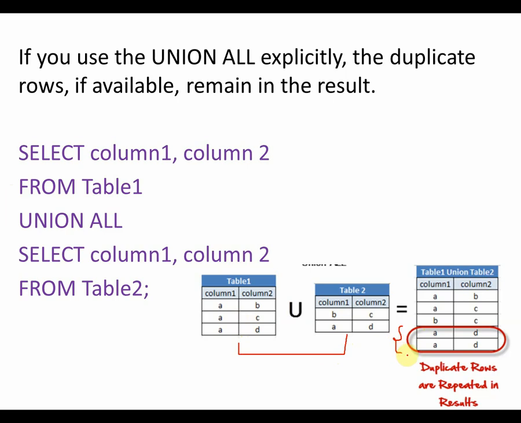So they are actually duplicates. Duplicates are ignored in the union operation. The normal simple union operation ignores duplicates, but the union all operation maintains all the duplicate rows as well. So if you want duplicate rows also in your result set, you should make use of union all.